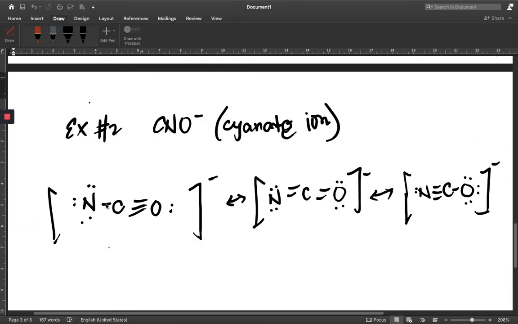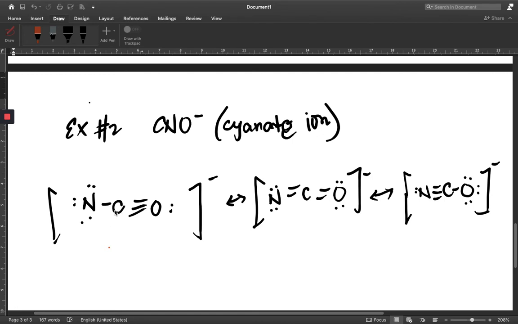Okay, so here is our next example, the cyanate ion, which is the CNO minus, or we can rearrange it into NCO, because the least electronegative atom, carbon, must be our central atom. All right. So we have the following Lewis structures for the cyanate ion.